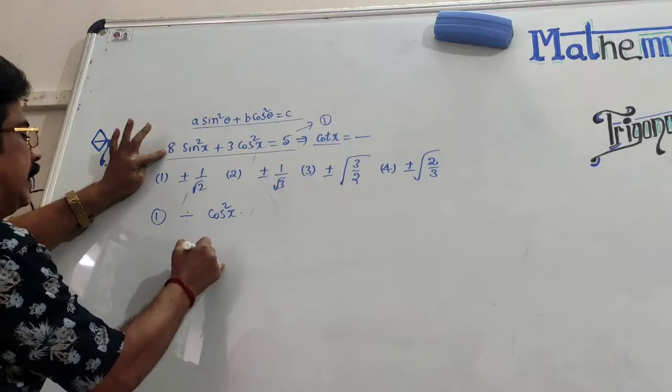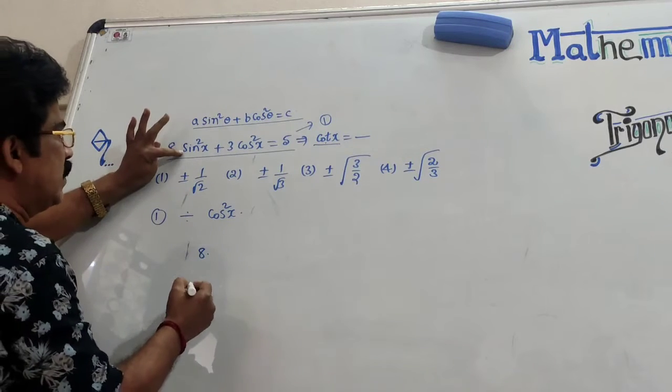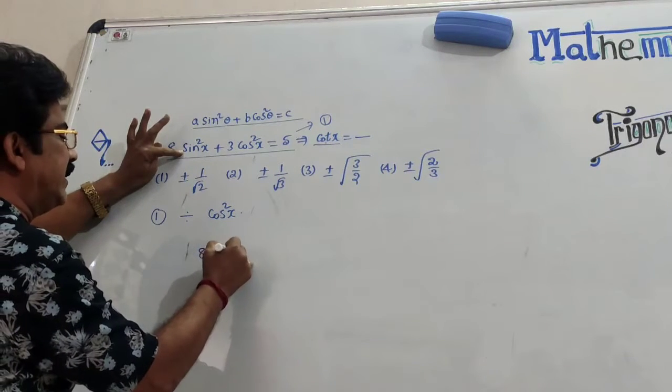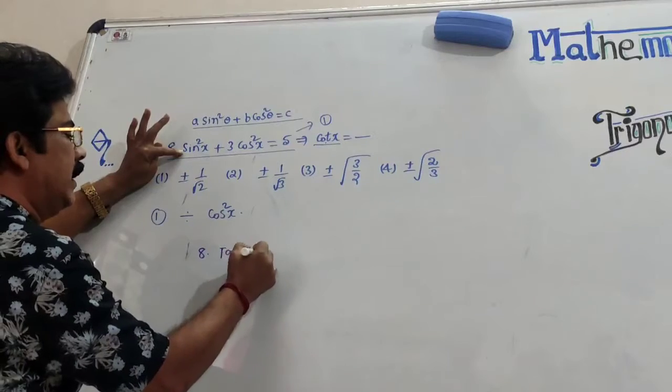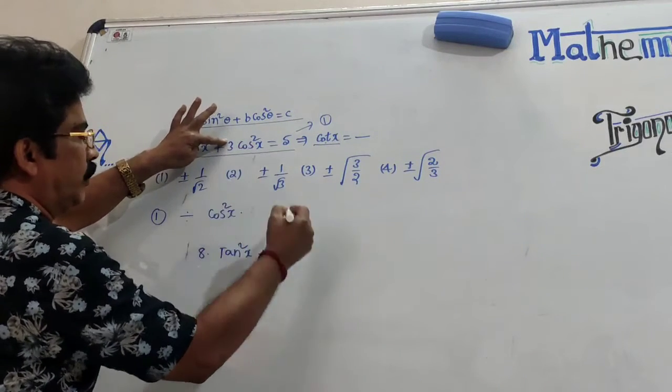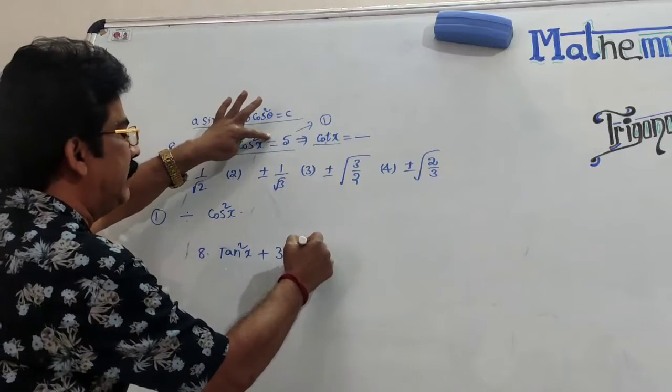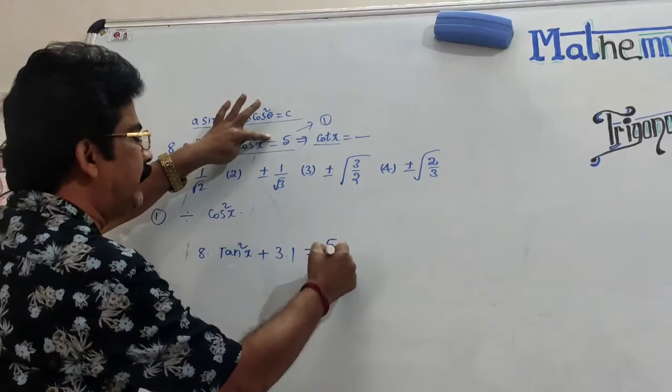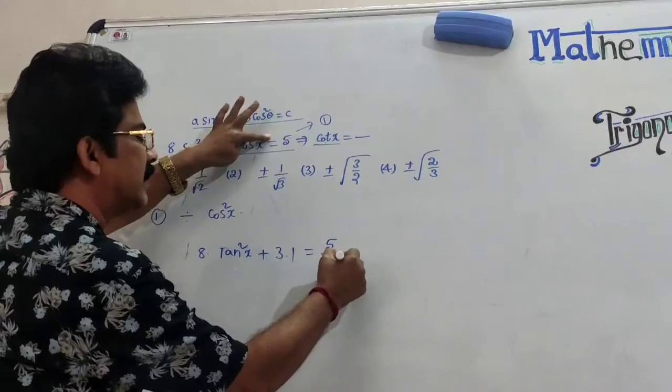So, 8 into sin square x by cos square x, tan square x, plus 3 into cos square x by cos square x, 1, that is equal to 5 divided by cos square x.